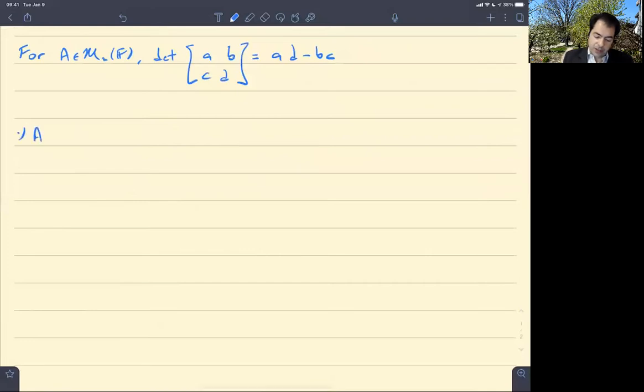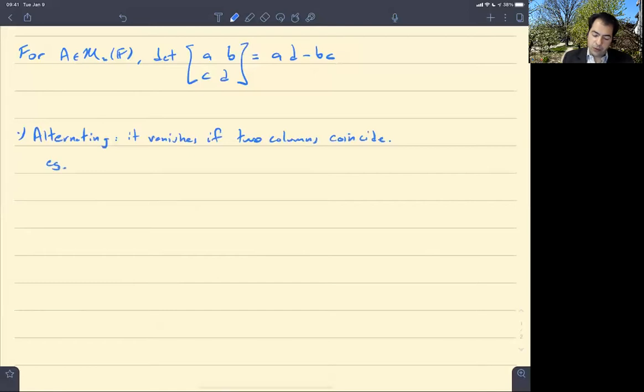We say that a function is alternating if it vanishes if two columns of the matrix coincide.